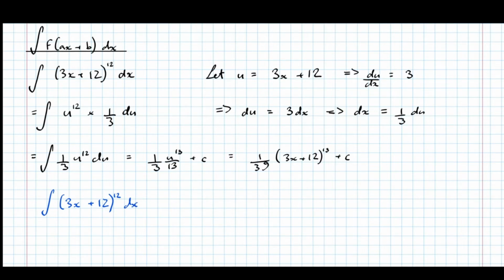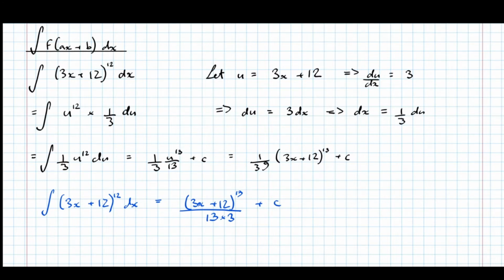So I can see that I've got a linear function, 3x plus 12, wrapped in another function, a power of 12. So that there is equal to, and what we're going to do, we're just going to use the reverse chain rule: add 1 to the power, divide by the power, but also an extra step, we're going to divide by the differential of what's in the bracket, so make the bottom 3 times bigger, plus c.